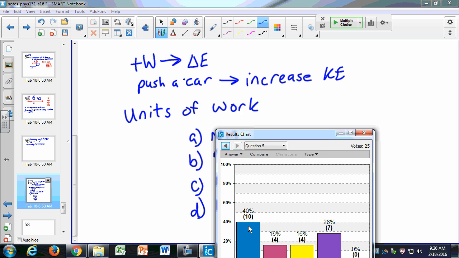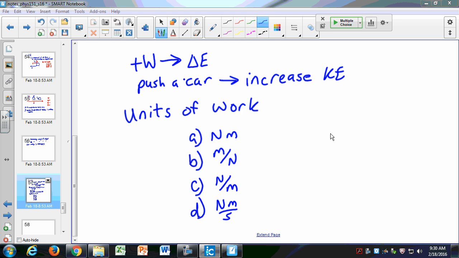All right. It is A. Listen, guys, I like to ask these questions on tests, and you'll probably see something like this, where I just ask you the unit for something. If you're ever confused about what the units are for something, just go to the formula. I know that work is equal to the force times the displacement, and I want to know the units for work. Well, I know the units for force.